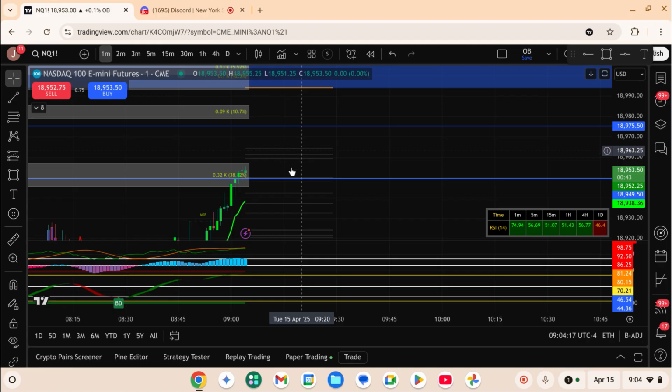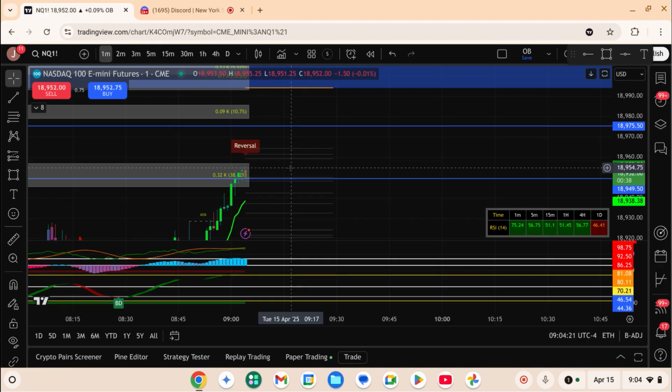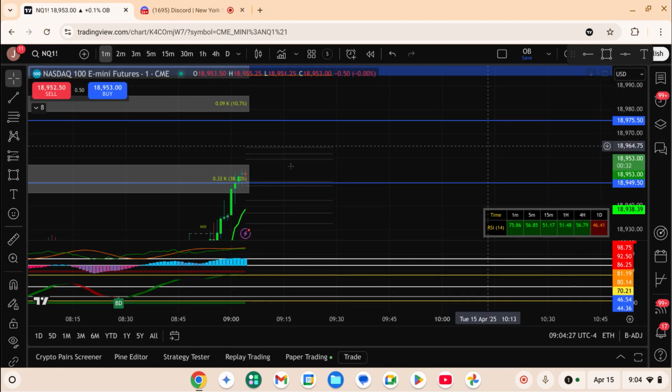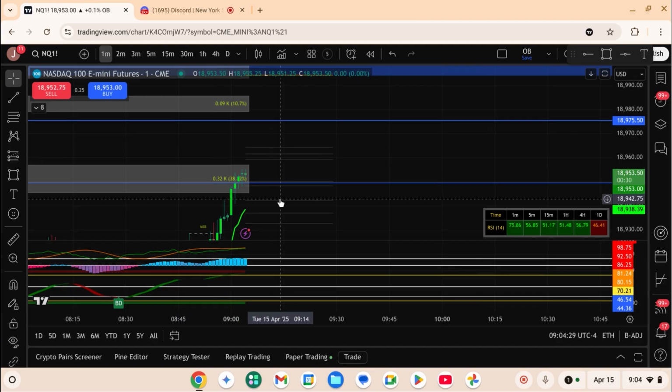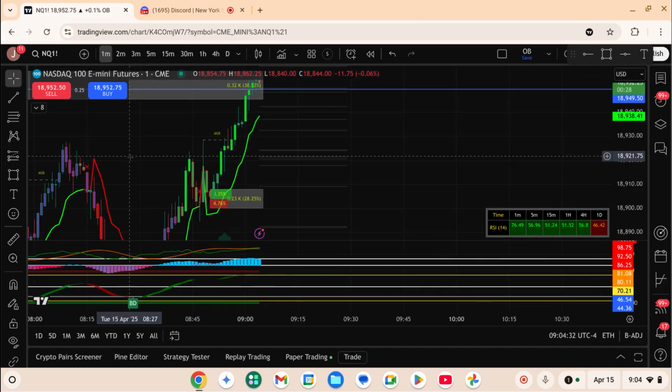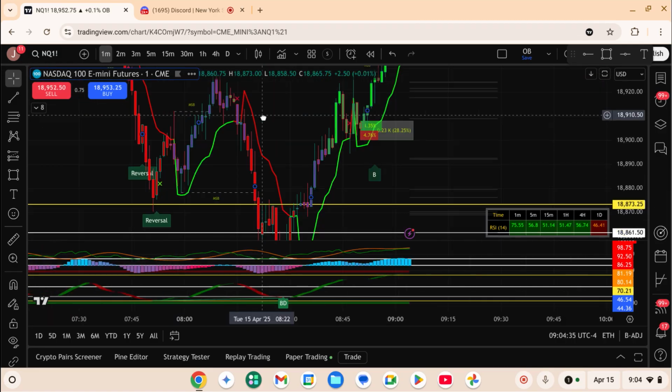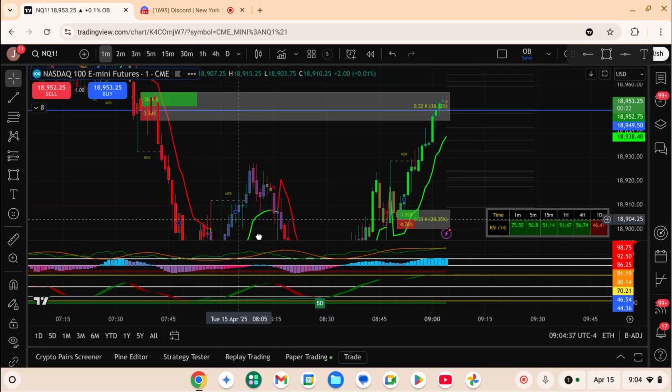So I'm not convinced to take longs just yet, unless we get like a hammer candle. I don't know if any of y'all know what a hammer candle is, because we normally use Heikin-Ashi candles, but a hammer candle is just like a bullish or bearish pattern candle.